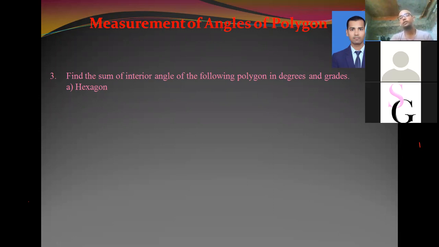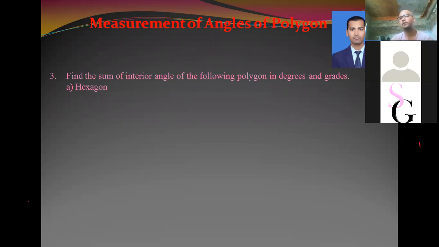So students, as we know, the sum of interior angles is equal to n minus 2 into 180 degrees. This is the formula that we apply to find the sum of the interior angles of polygons.